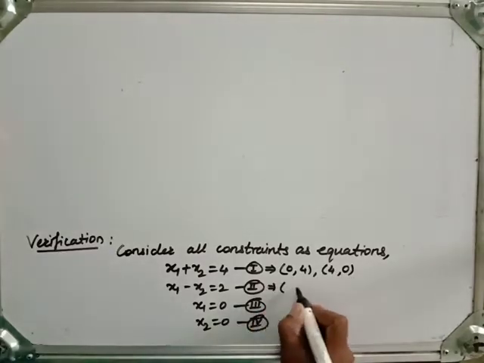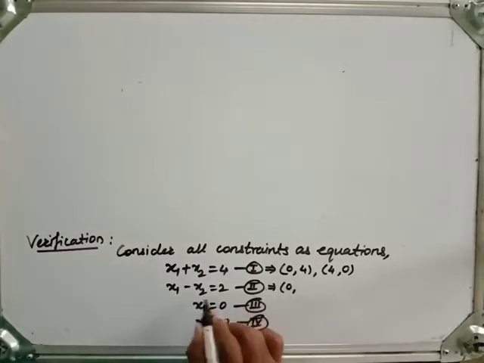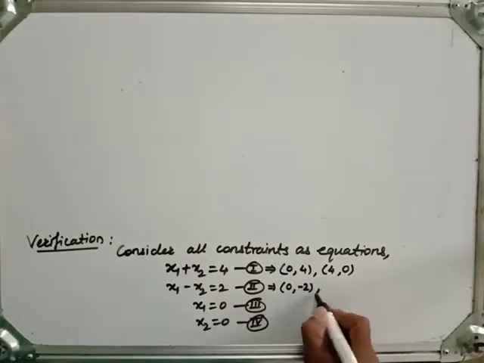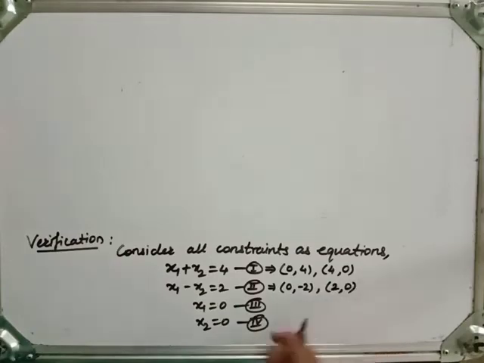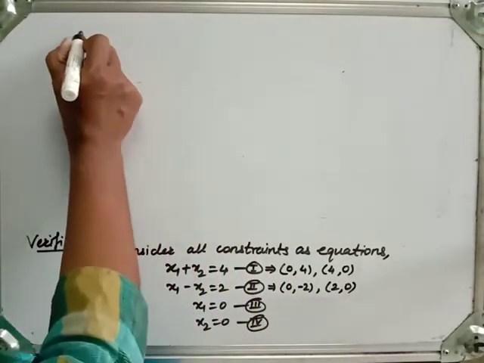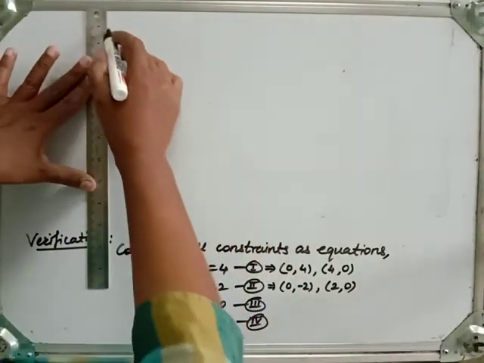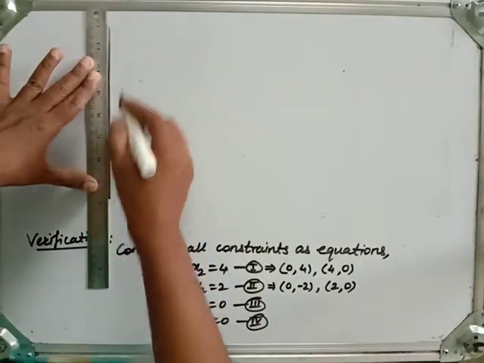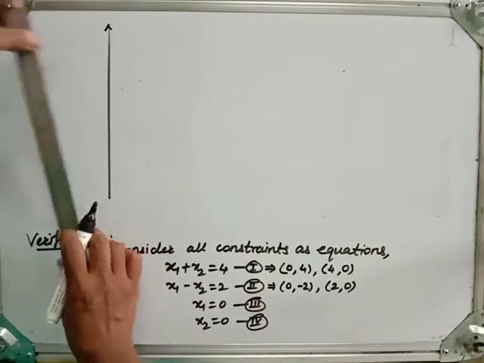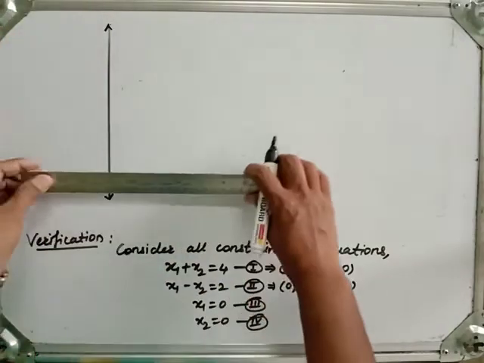Now here, if x1 0, x2 is minus 2, and if x2 0, I get x1 is 2. So let us plot these points so that we get a graph. Now the graph is, already we had discussed the graphical method.